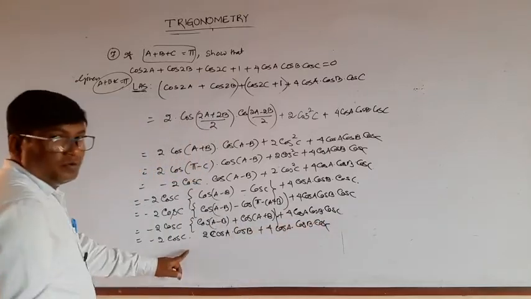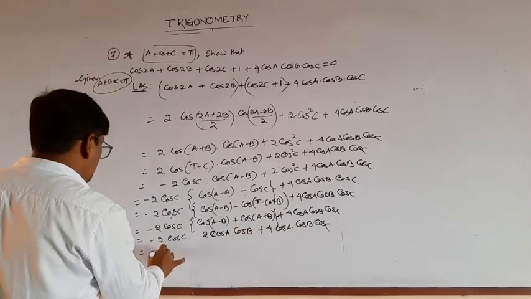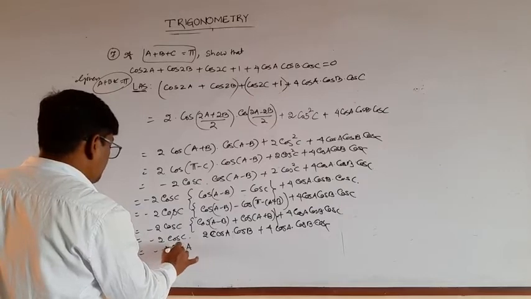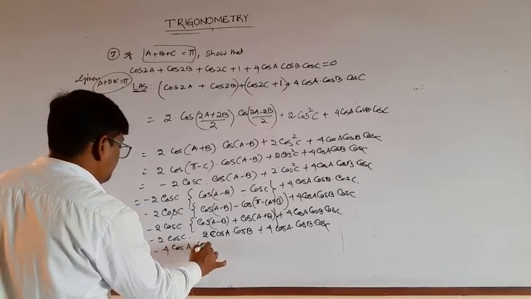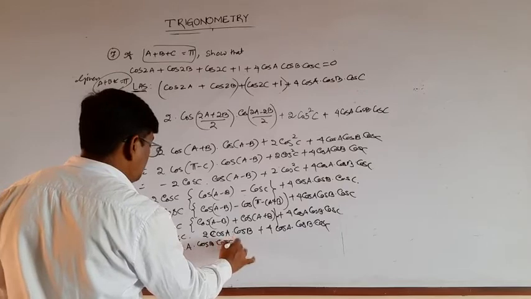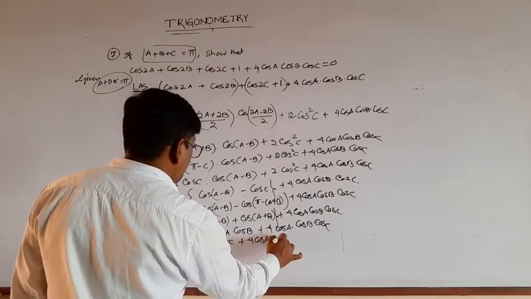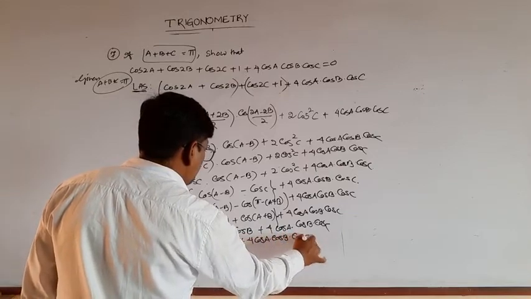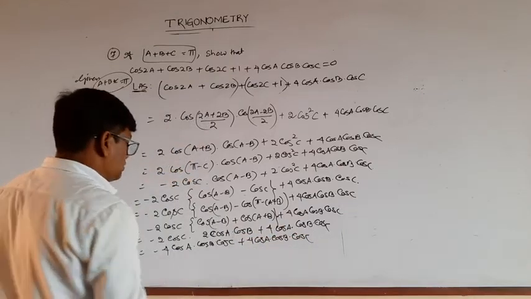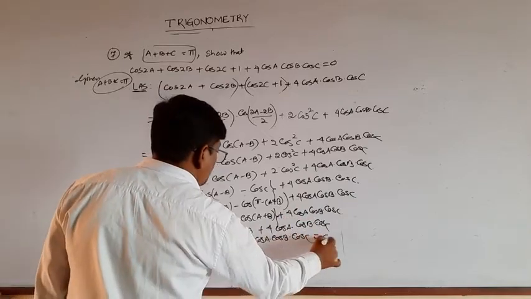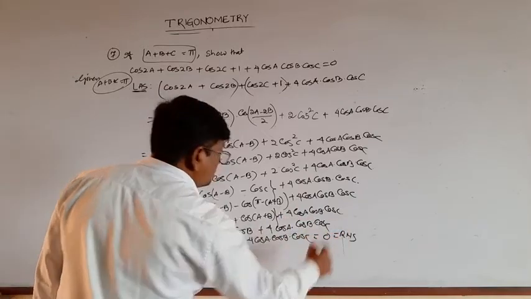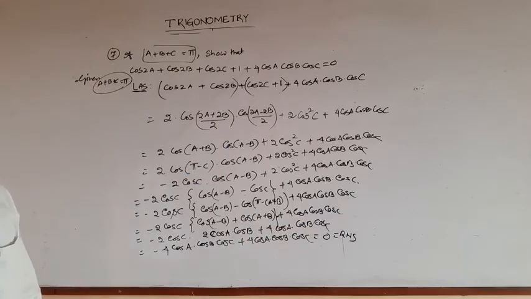So 2 into 2, that is 4, so minus 4 cos a into cos b into cos c plus 4 into cos a into cos b into cos c. Minus 4 and plus 4 cancel, so 0 is equal to the right hand side. Now these questions are very, very important and easy also. Clear?